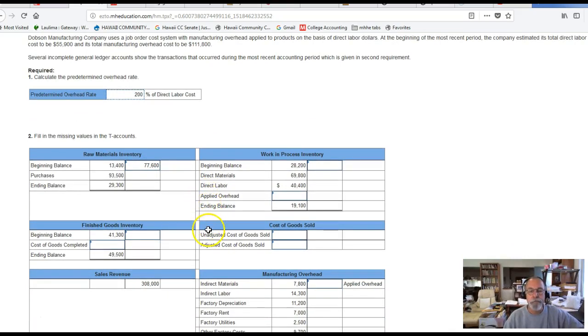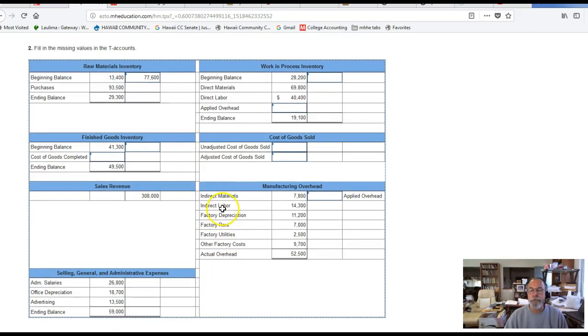and try to get a feel for what's happening here. Okay, so when we apply raw materials to production, we are moving raw materials into work in process as direct materials, and we are moving raw materials into manufacturing overhead as indirect materials.